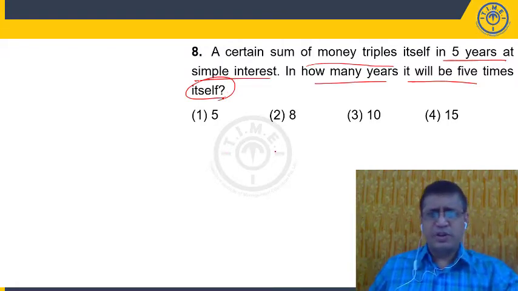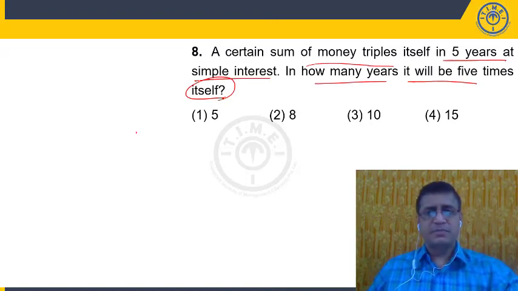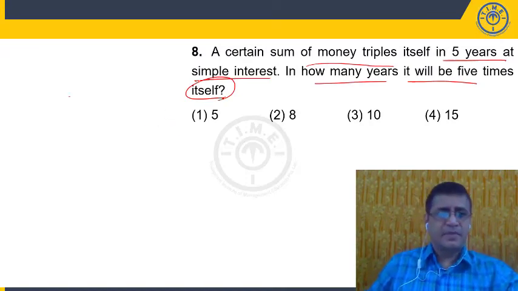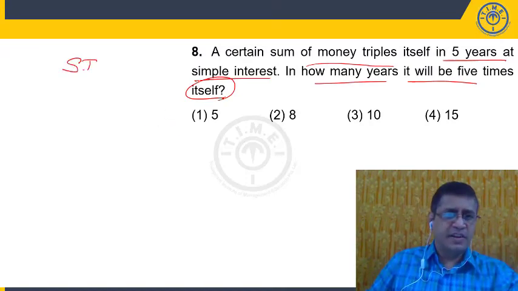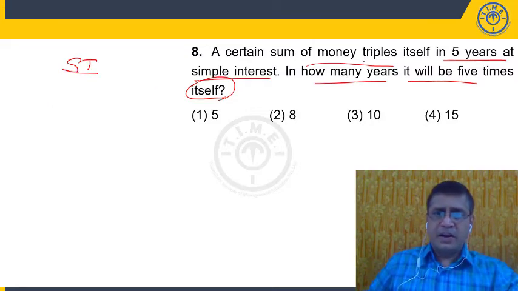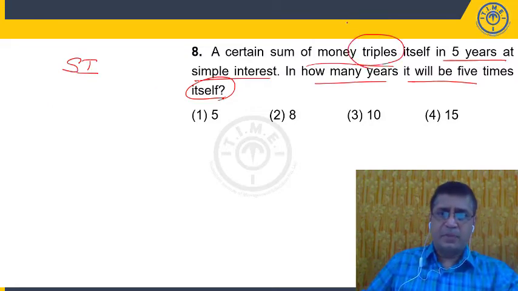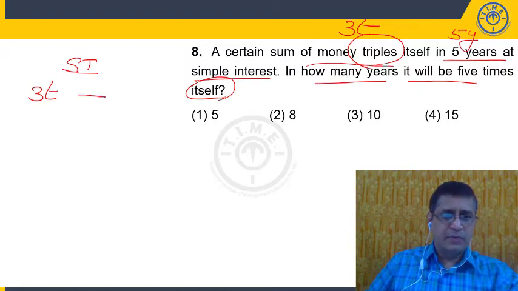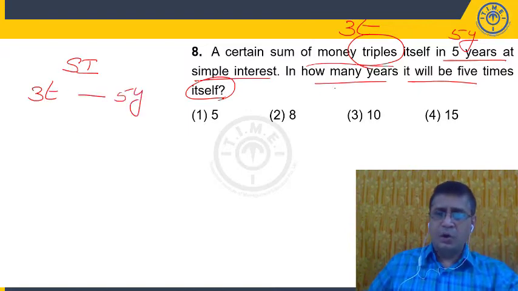I will give the simple solution here. Please remember, under simple interest it is asking triple itself. Triple means 3 times. How many years? 5 years. Please look at this one. 3 times of itself in 5 years. In how many years will it become 5 times of itself?